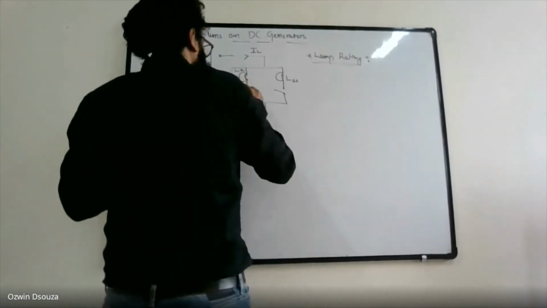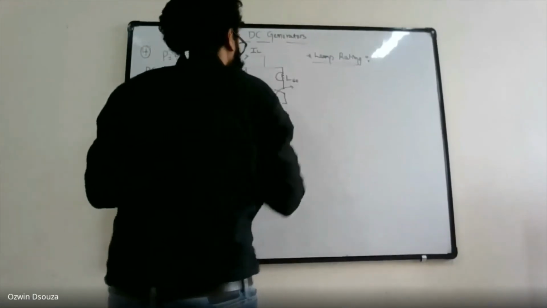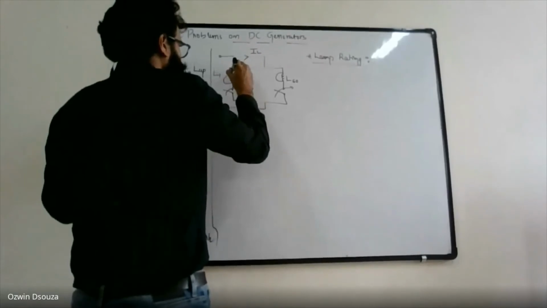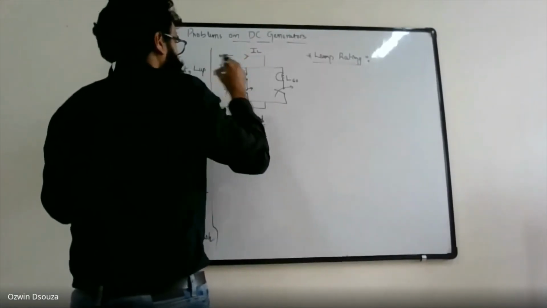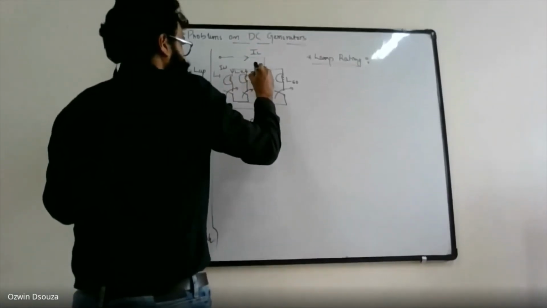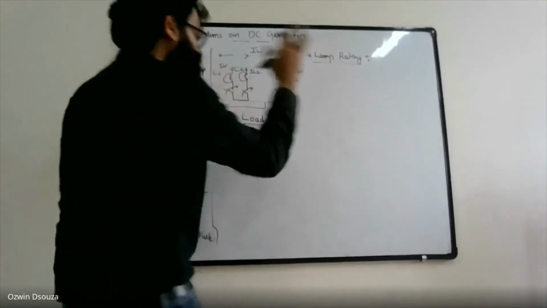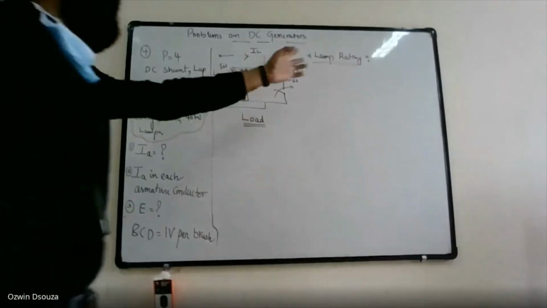Let's say all these switches are closed. So let us take this current as IL1, this current as IL2, and this current as IL60, because there are 60 currents.